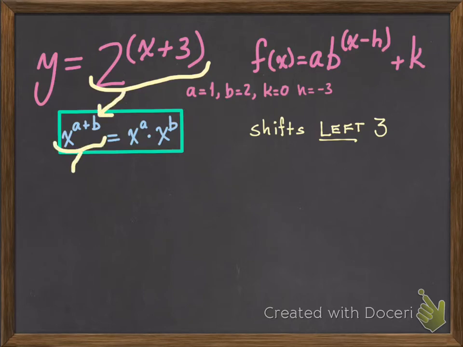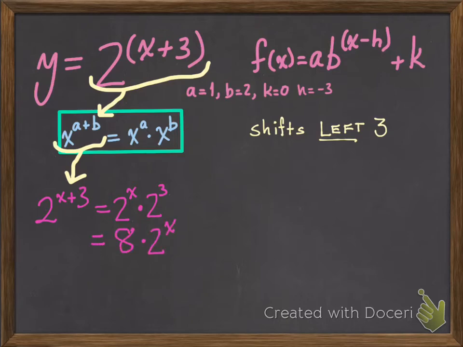Well, if I applied that law of exponents, I could rewrite 2 to the x plus 3 as 2 to the x times 2 to the third. That's certainly true. And of course 2 to the third just equals 8, so I've got 8 times 2 to the x, which means that my function 2 to the x plus 3 is equal to 8 times 2 to the x.